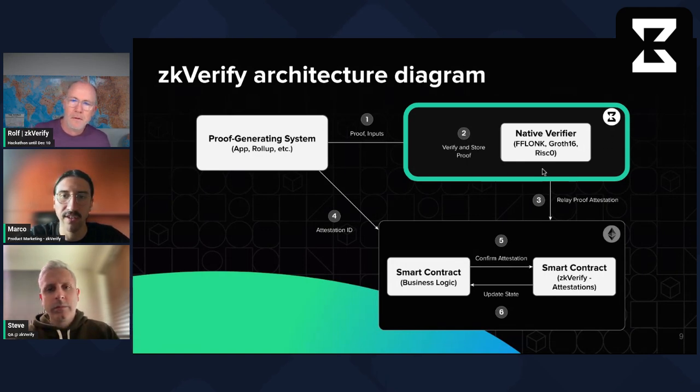And then the verification result is sent to the zkVerify smart contract on Ethereum, and the smart contract from the application goes to retrieve the verification result, update its status, and then execute its business logic, and goes on with its own DApp operations.